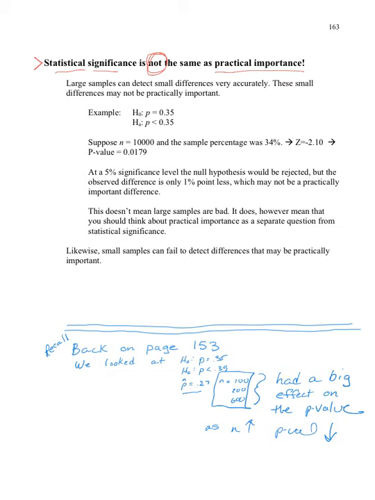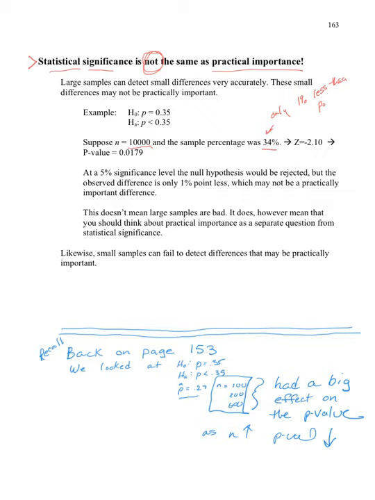So for our example, suppose instead we had an n of 10,000, but the sample percentage was 34% instead of 27%. So that would be only 1% less than the percentage in the null hypothesis.